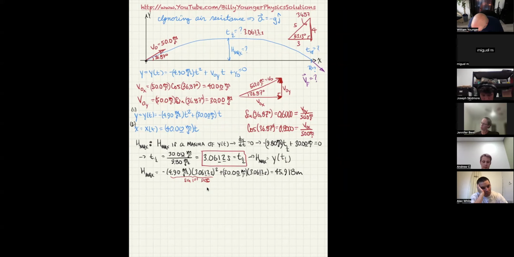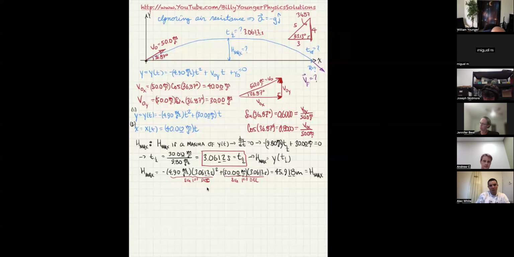And that gives me 91.8. So that's also good to one decimal place. So I do know that the first decimal place is in fact significant even after the addition part. So I can go ahead and underline the 1 and the 8 to show that that's not significant. And this is equal to H max, which is another thing we wanted to solve for. Any questions on that?